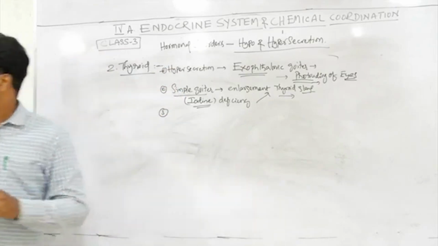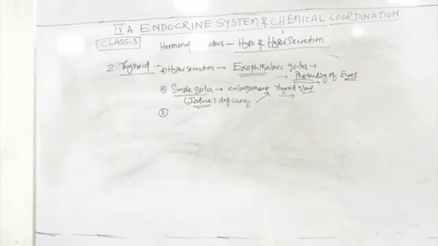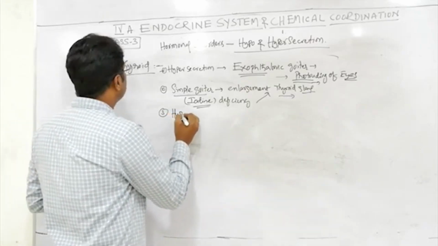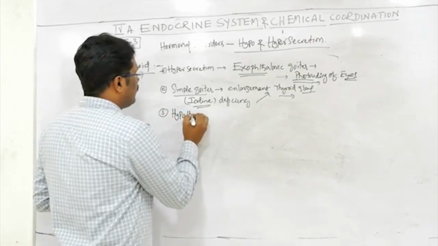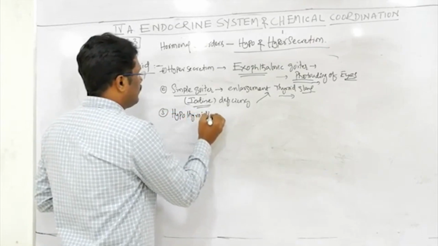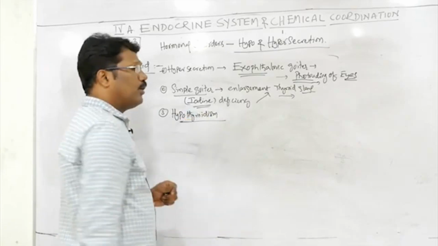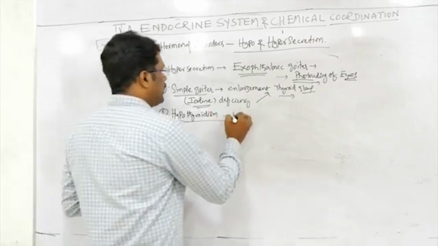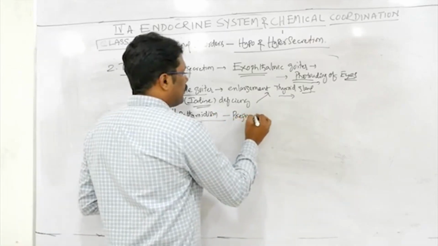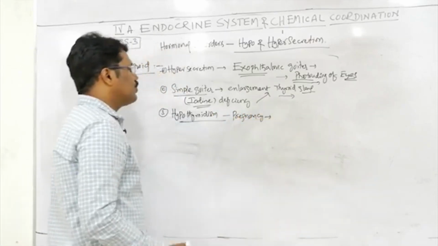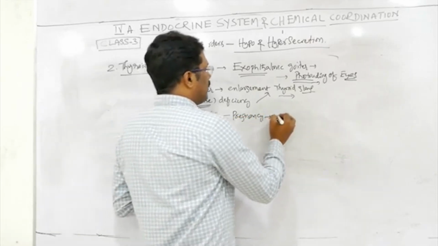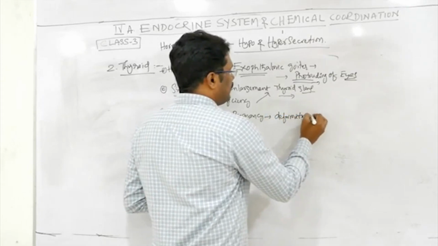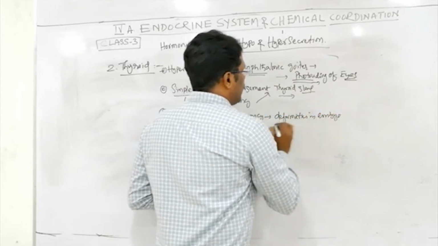And the third one is hypothyroidism. That means if the thyroxine is produced in very low amounts, especially during pregnancy, it leads to deformities or underdevelopment of the embryo.